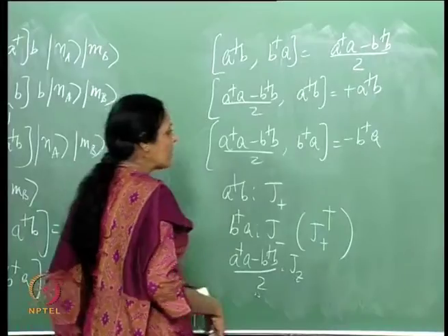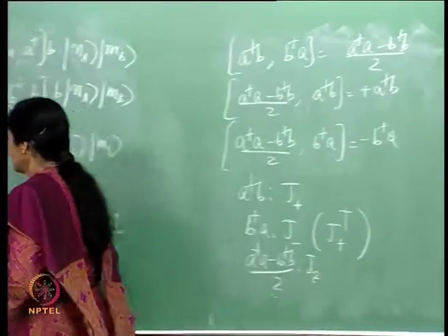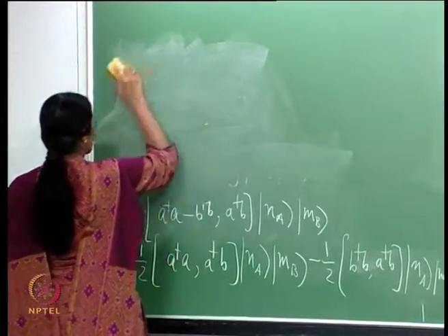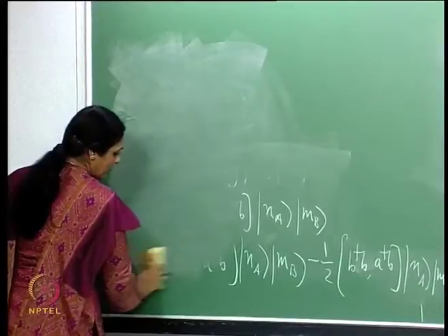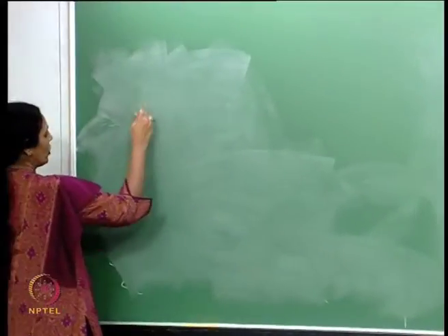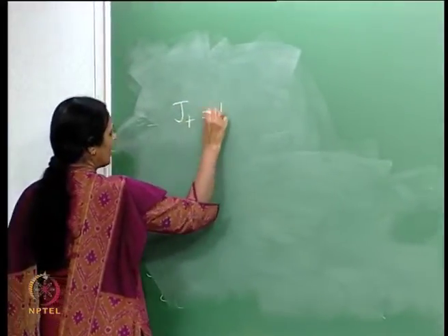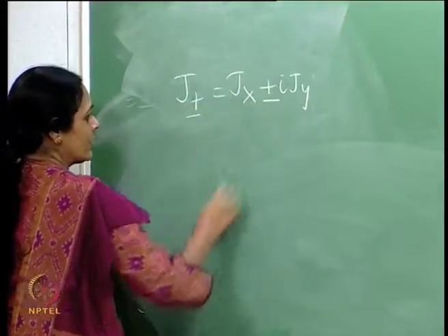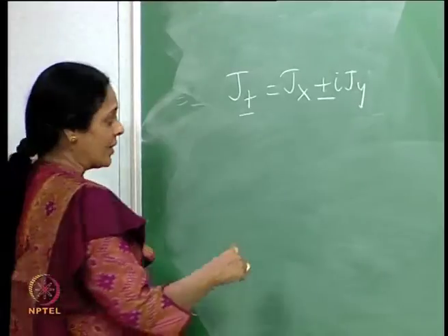But right now, getting back to this point, I can now define the analogues of Jx and Jy. You will recall that J plus was Jx plus iJy and J minus was Jx minus iJy.